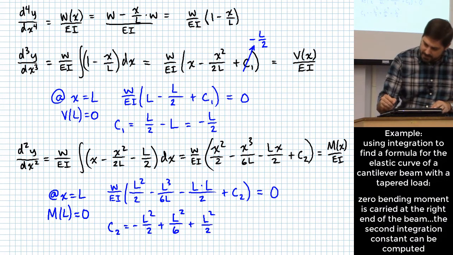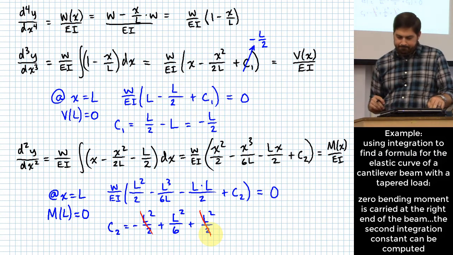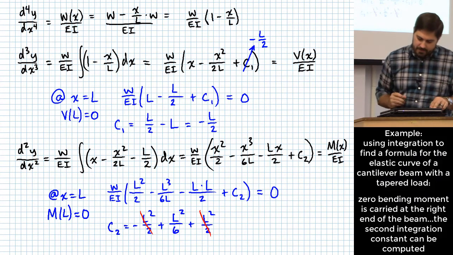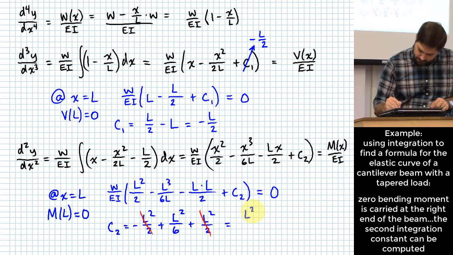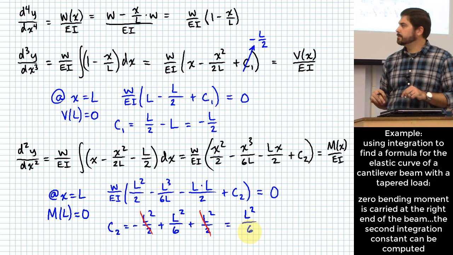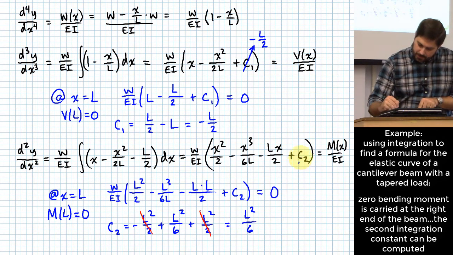Someone just said this would cancel that, right? And so what do I get for my C2? L squared over 6. Now that I know C2, I can plug that in right here.